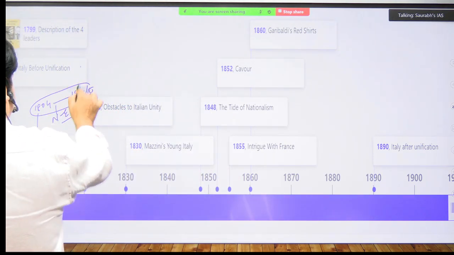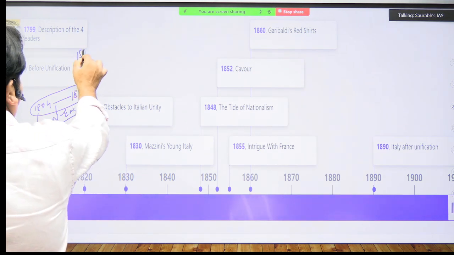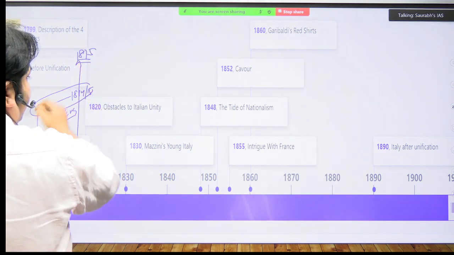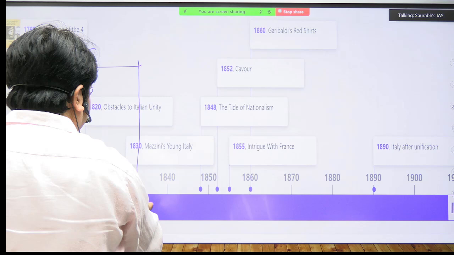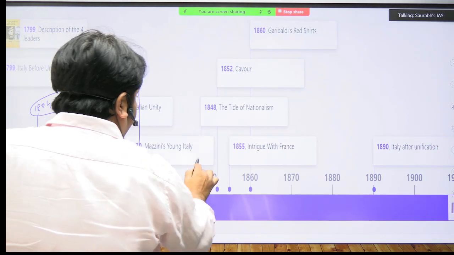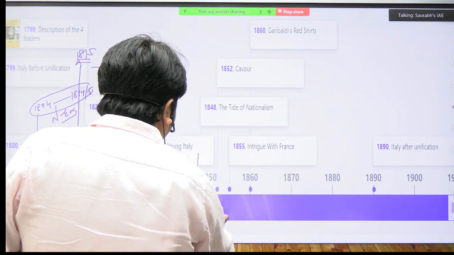But what happened? Regressive changes were made in this year 1815. Now, between 1815 and 1848, in 1830 there is R2, and in 1848 there is R3.